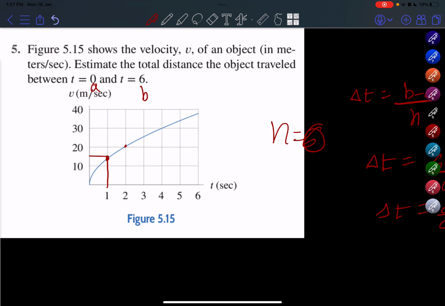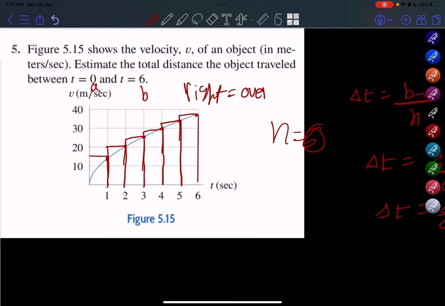Again with 2 here, goes back to the previous line, and then draw the rectangle. 3, 4, 5, and 6. Again, right sum equals overestimate. Okay.